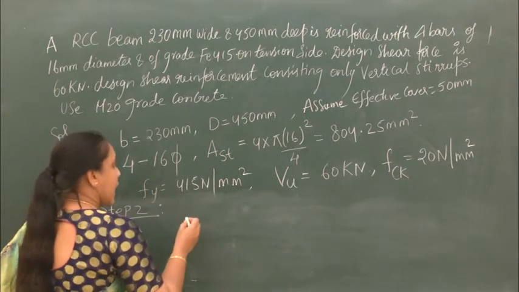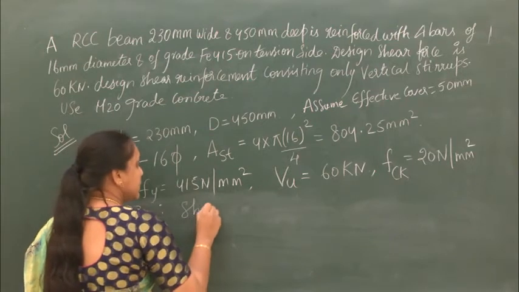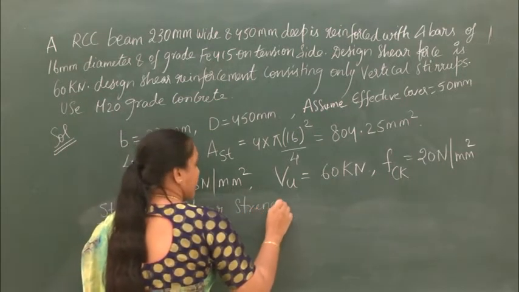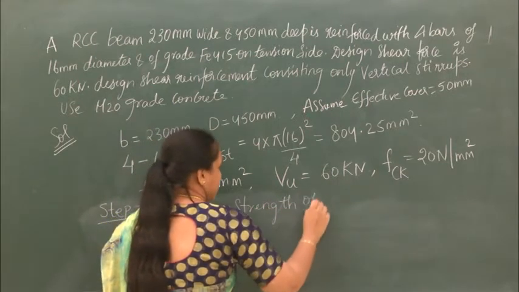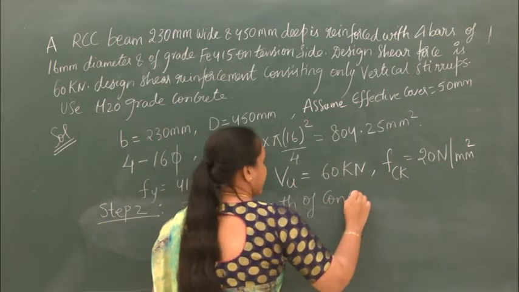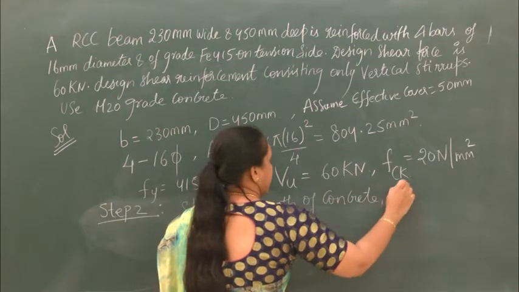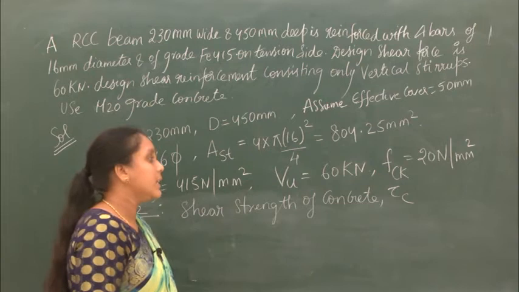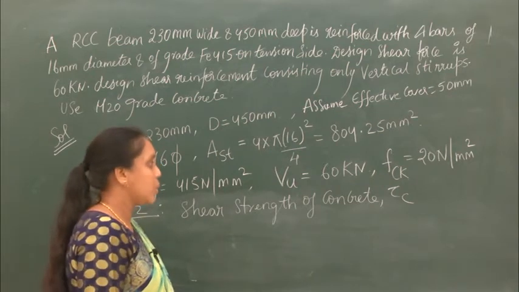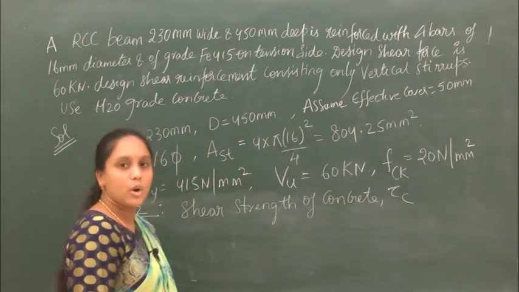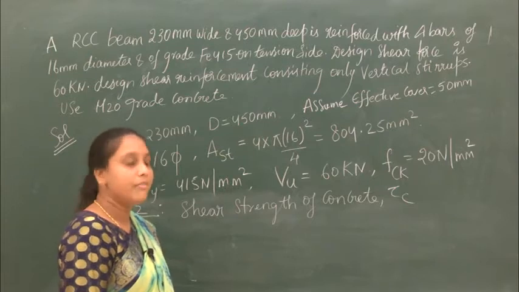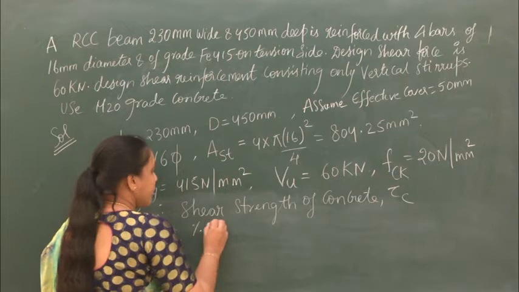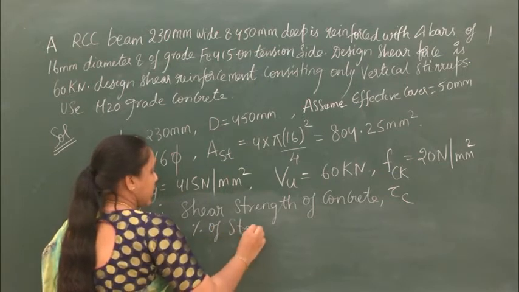Step 2 is what? We have to calculate the shear strength of concrete. That is, we have to calculate the tau C. So to calculate the tau C, what we have to do? First, we have to find out the percentage of steel reinforcement.